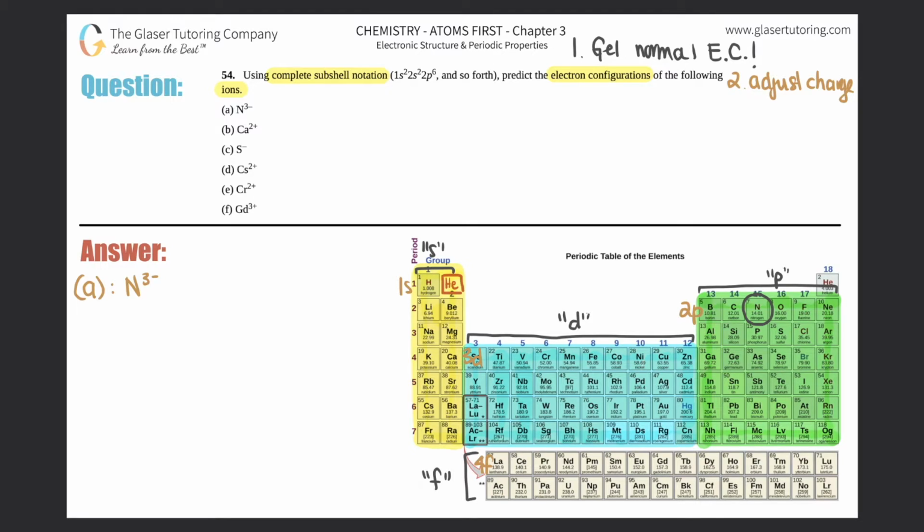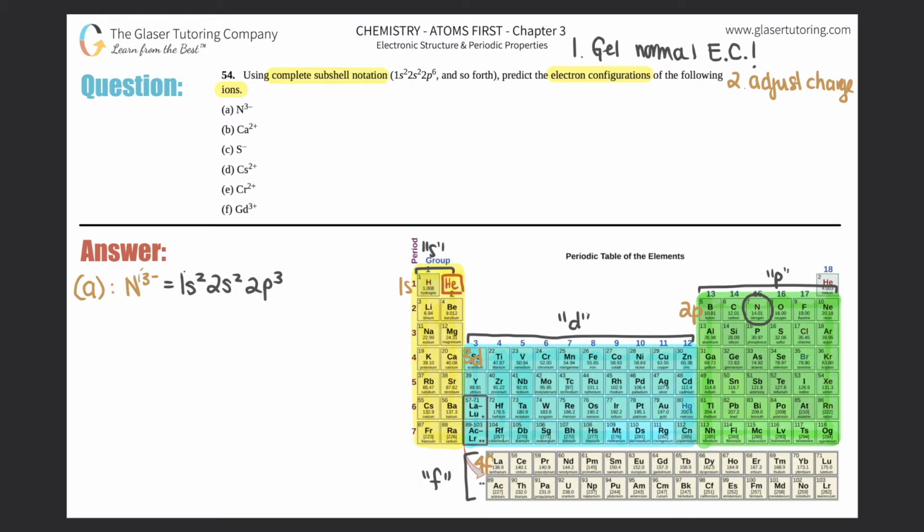Nitrogen's all the way over here, number 7. So nitrogen would be 1s2, then drop down to 2s2. Remember, you always follow the atomic number, which is the whole number. And then you go to 2p3. That would be nitrogen without the charge.